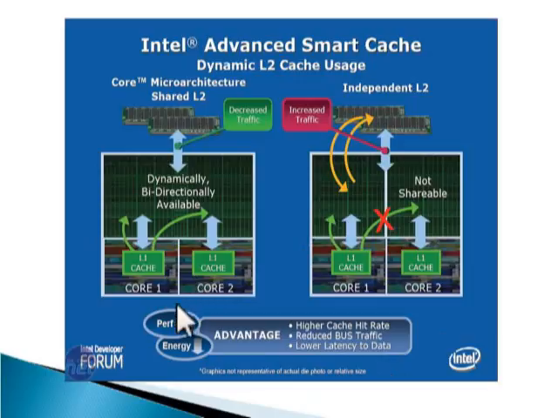In the shared cache architecture, whenever core 1 is idle, core 2 can use the shared space for its operation, as a result of which it leads to a higher cache hit rate and lower cache miss rate. It also leads to reduced bus traffic and lower latency to the data. Whereas in the dedicated cache system, whenever core 1 is idle and core 2 is active, core 2 can access only its allocated space, as a result of which cache underutilization is prominent in the dedicated cache architecture.